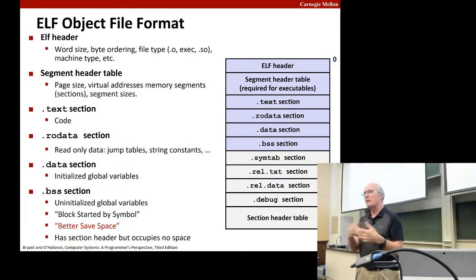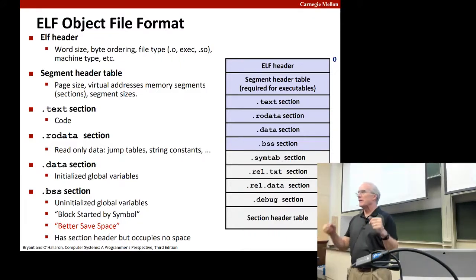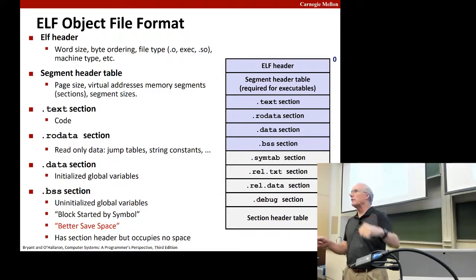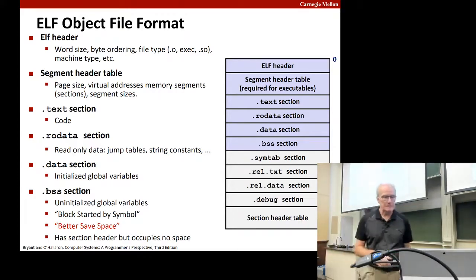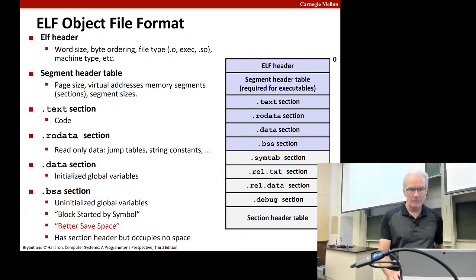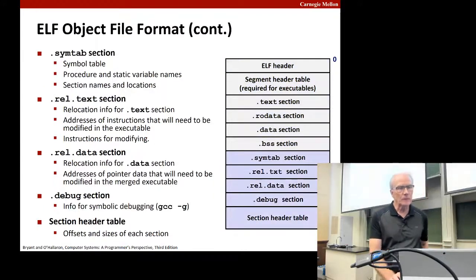GDB doesn't really know much, except it can have a pointer from this table to say, if the user says set a break at line number 171, well, 171 corresponds to this address in the code, so set a breakpoint at that address. And so that's described here.